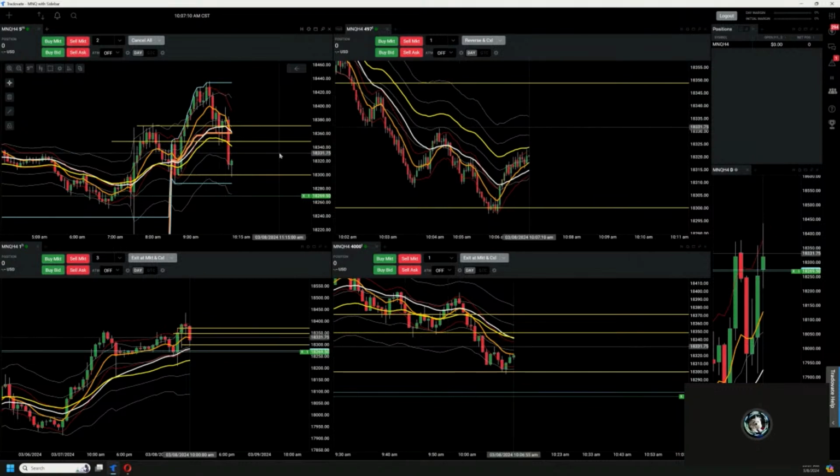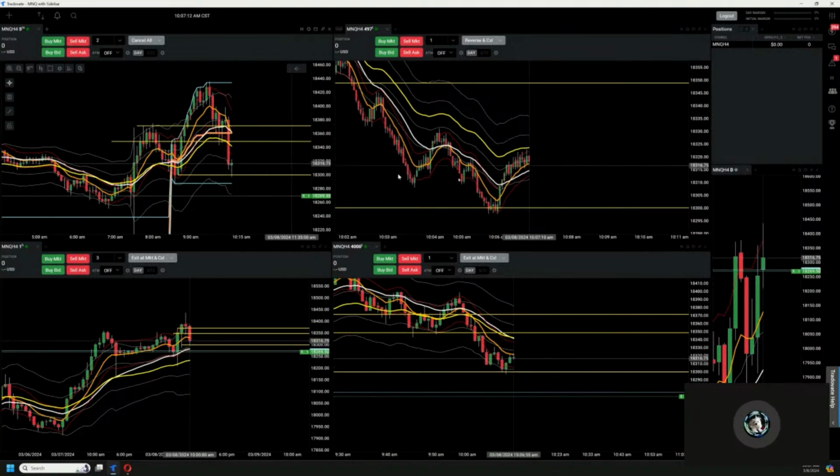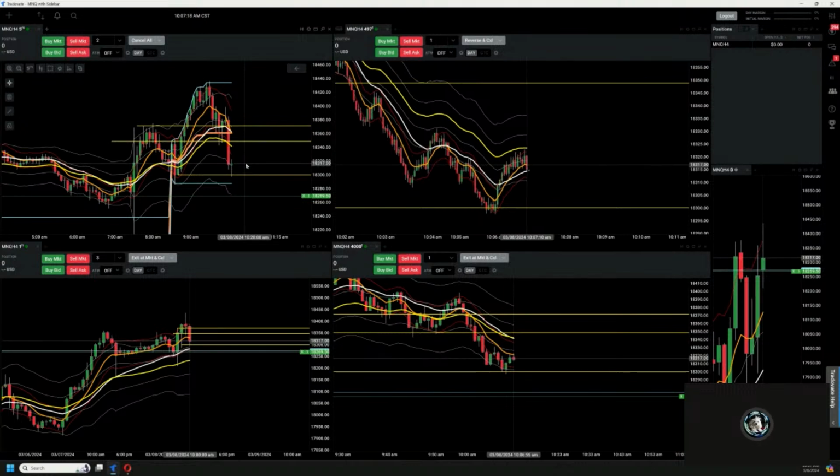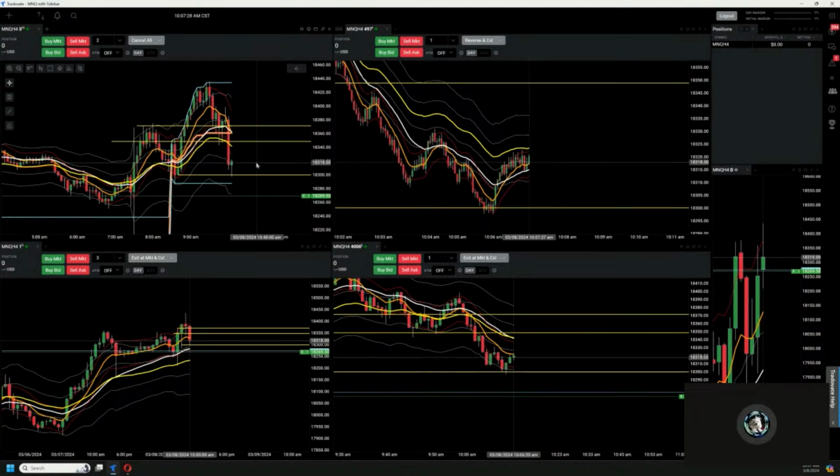So this is where you don't get too aggressive and you don't get too much tunnel vision. You do feel like there is additional downside, but you need to be open to the fact that this is where I get myself in trouble too: I'm right on the direction, but completely wrong on the timing.